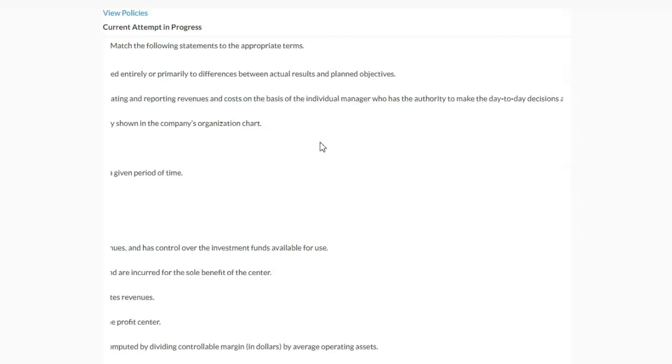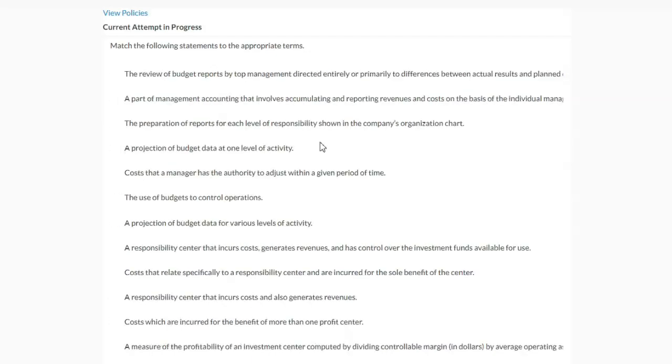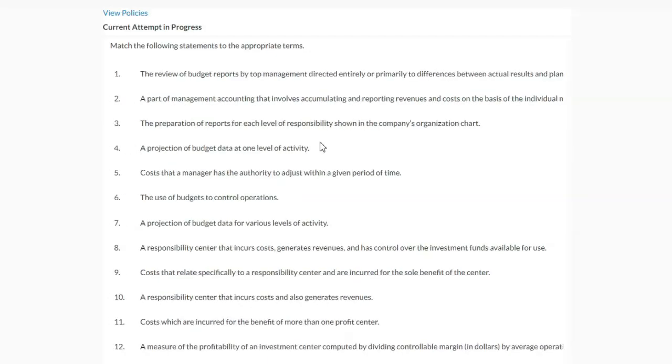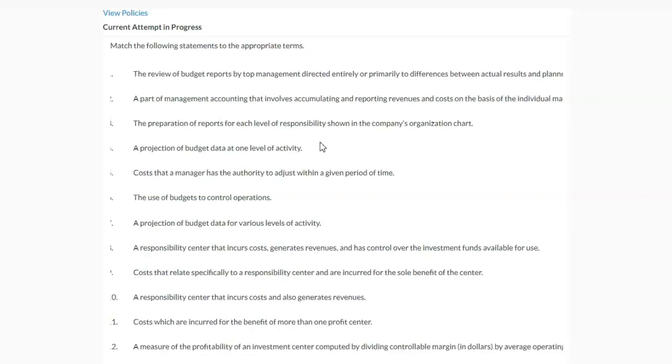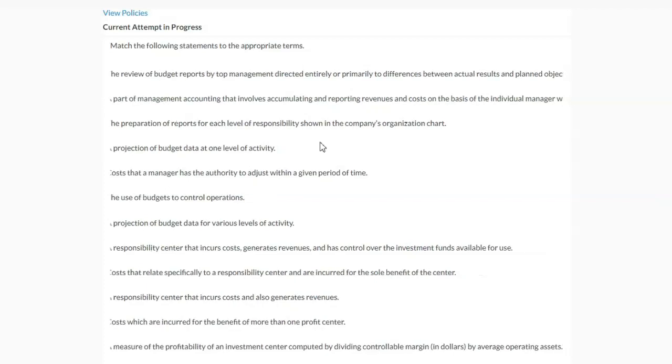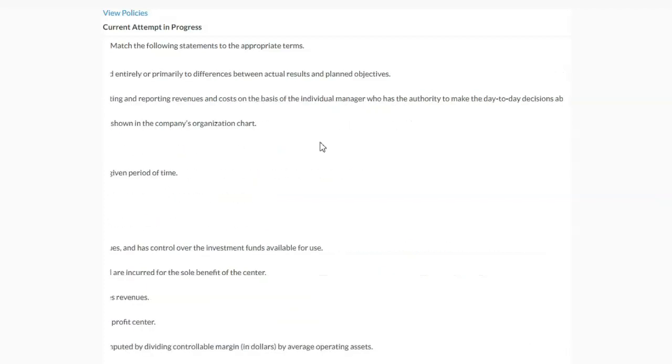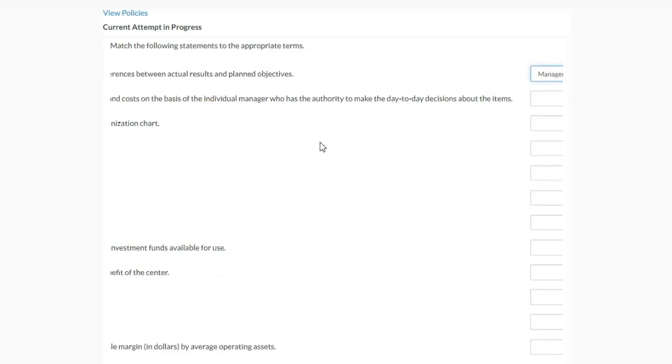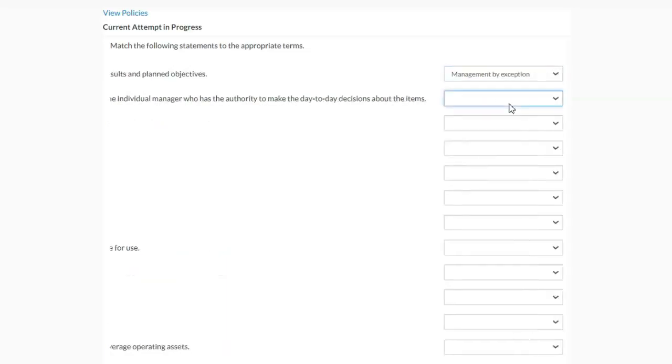Management by expectation? Management by exception. Okay. A part of management accounting that involves accumulating and reporting revenue and cost on the basis of individual manager who has the authority to make day-to-day decisions is responsibility accounting.